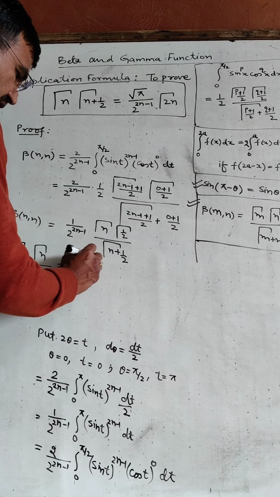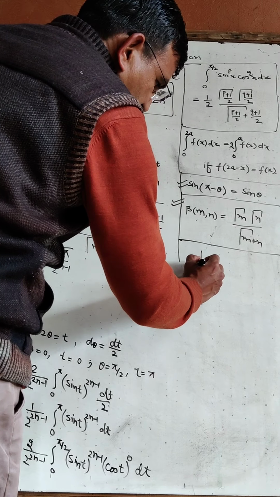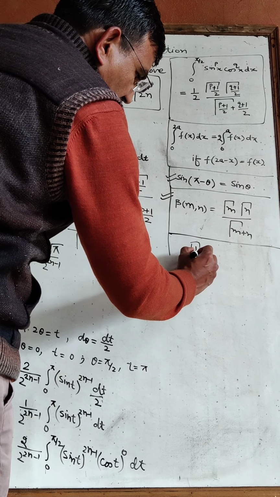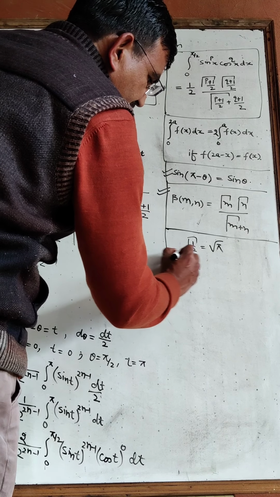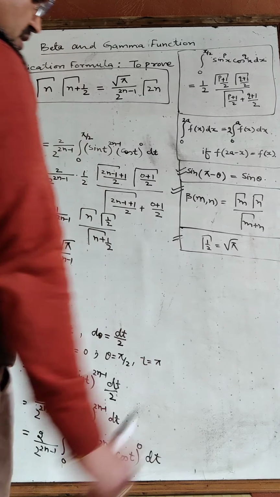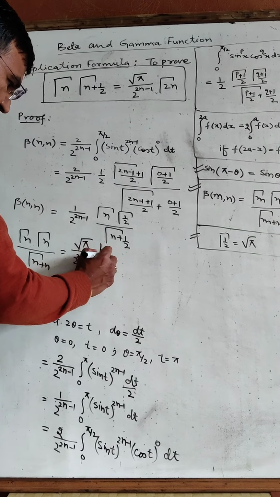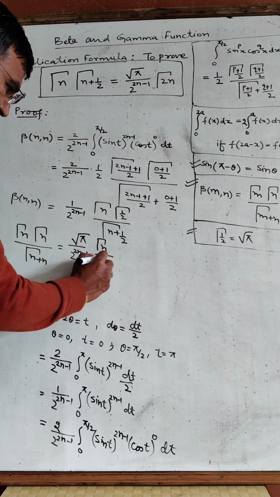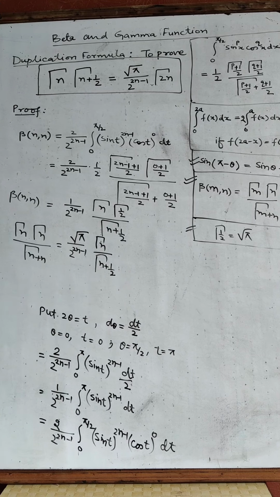It would be under the root pi. You can also check that gamma of 1 by 2 is under the root pi. This was also proved in our earlier lectures. So it would become gamma of n over gamma of n plus 1 by 2.